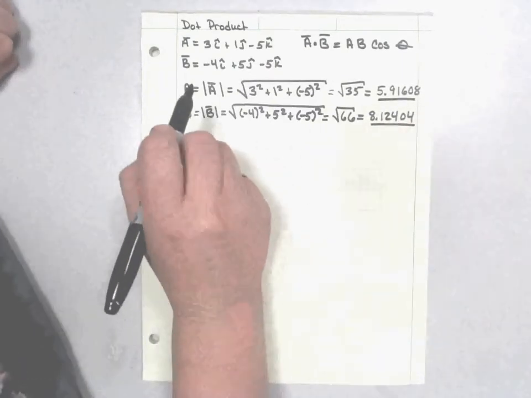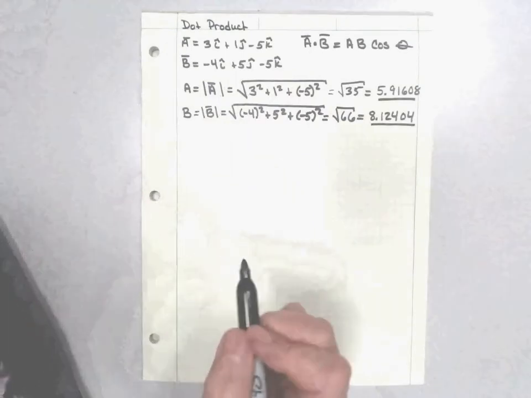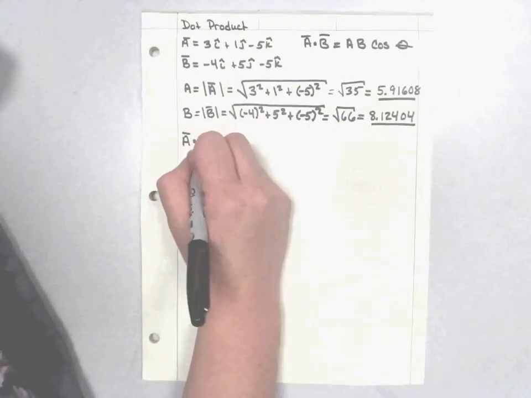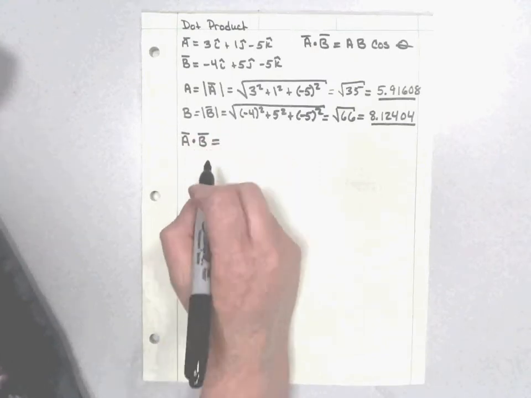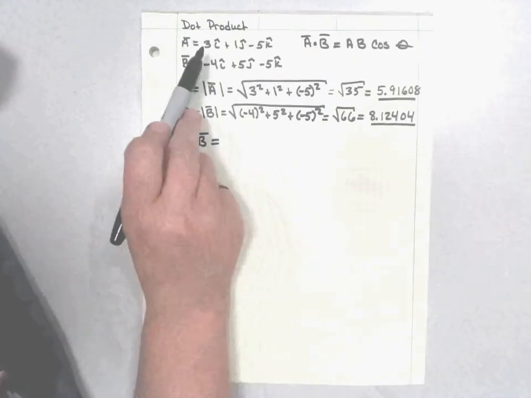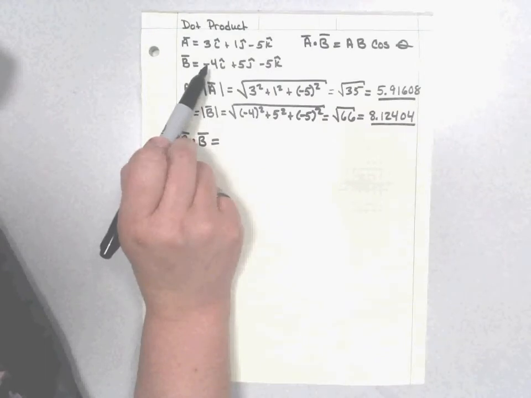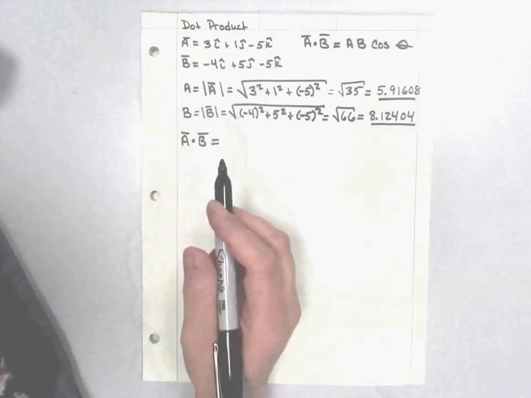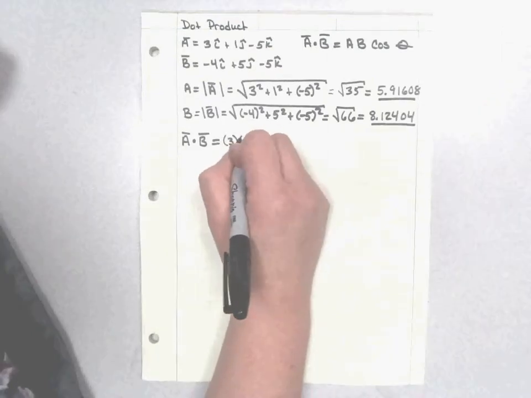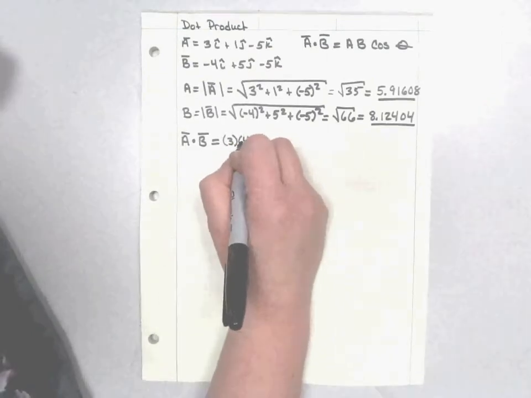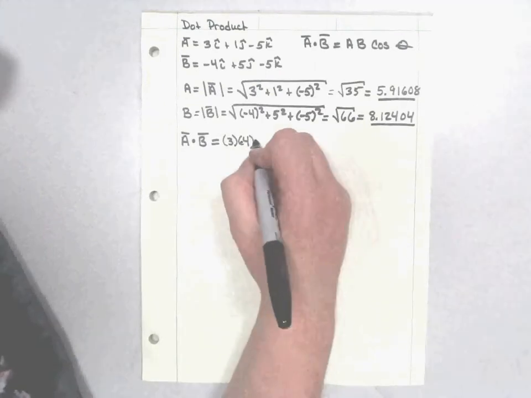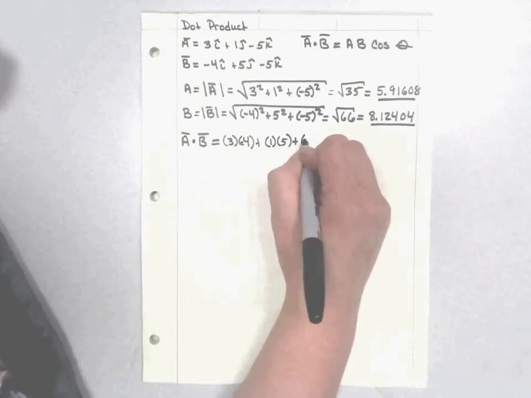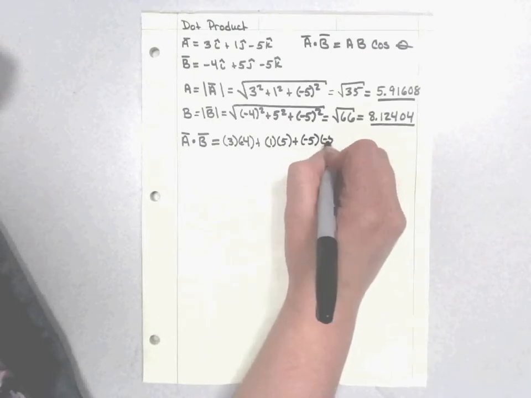We need to find A dot B. What does the dot product actually mean? So for A dot B, what we will do is multiply our two I components and add that to the product of our J components and our K components. So 3 times negative 4 plus 1 times 5 plus negative 5 times negative 5.